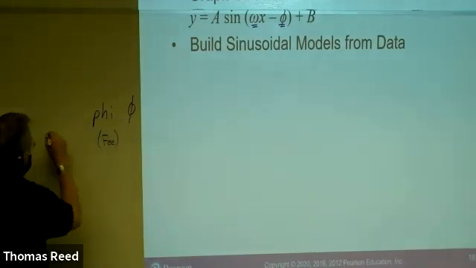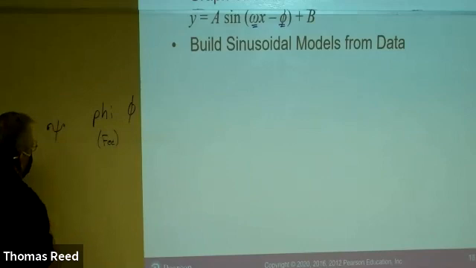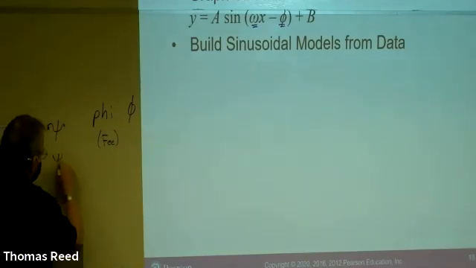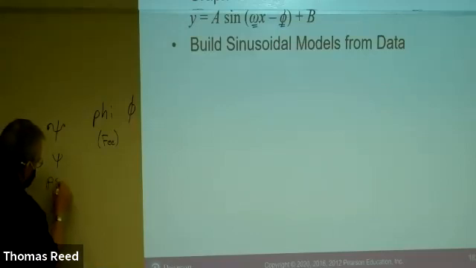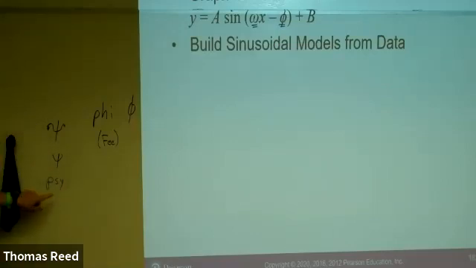There's another Greek letter that we use sometimes. I don't think we'll use it in this class. It looks like this, usually written that way. And that's psi. Psi. Like psychology.